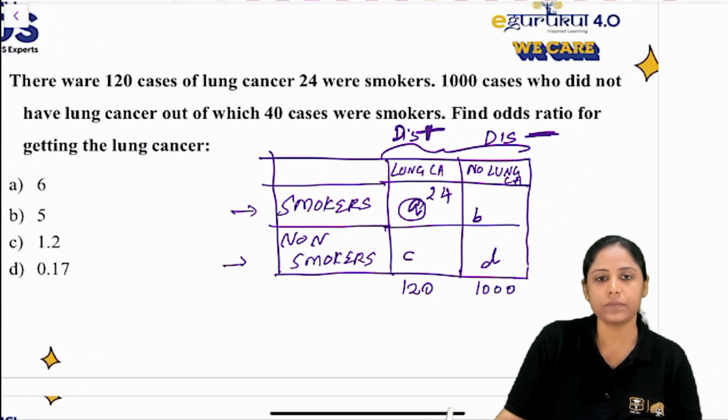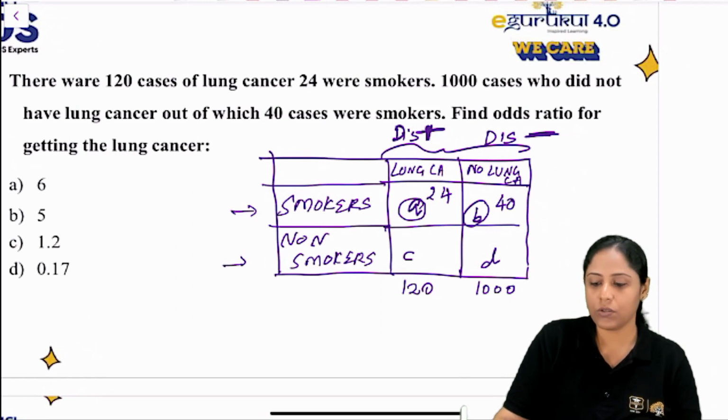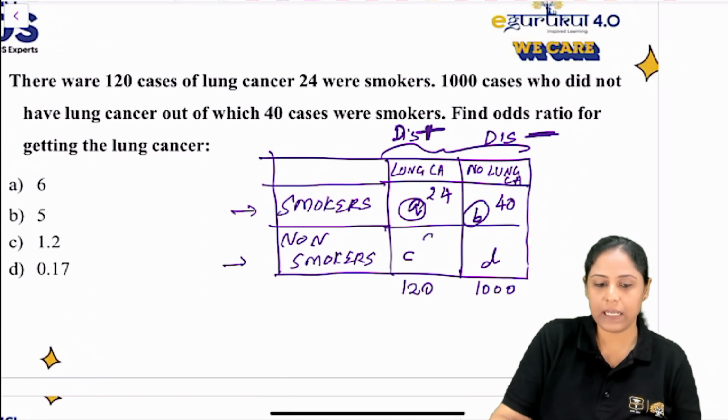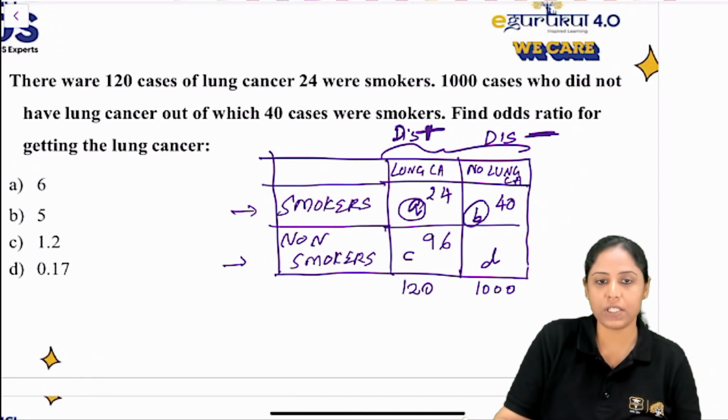And 40 were smokers, so B is 40. So that means 120 minus 24, 96, is C, and 1000 minus 40, that is 960, is D.